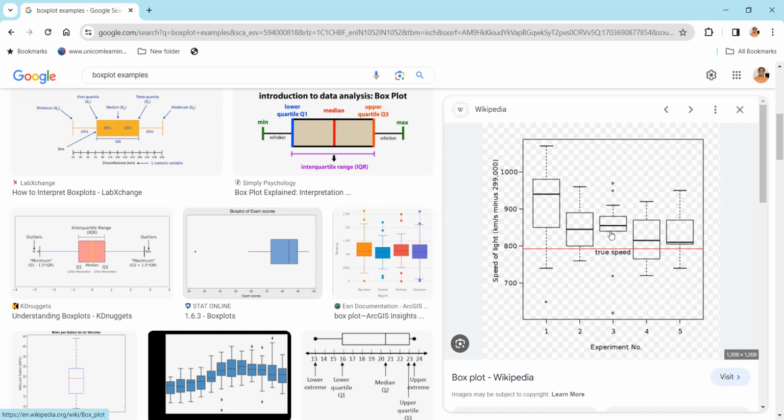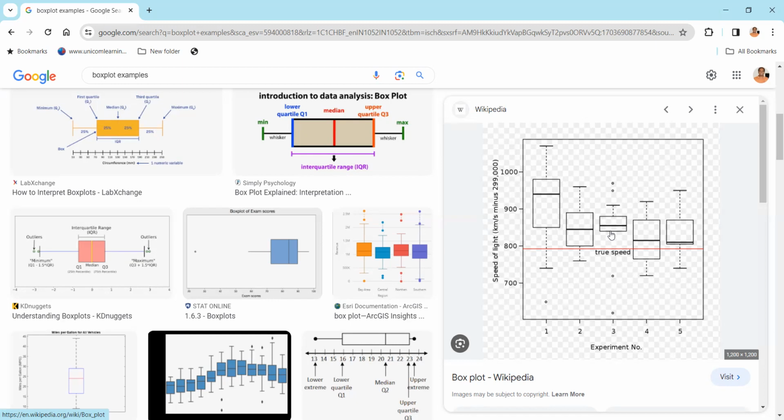Okay. Because if you see, not 50%, but maybe 40% of values are below that, and a few values are above that. So that red line is closer towards your median. Now, experiment number 5 also has the line closer to the median, but most of the values are above 800, right?